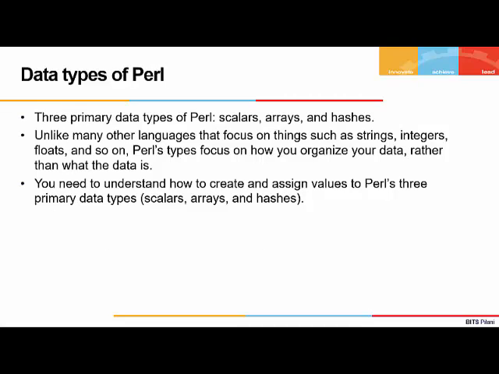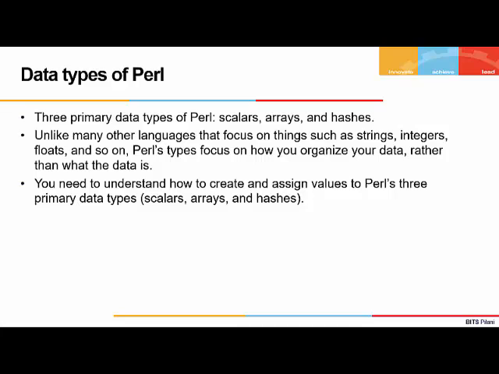These three are the primary data types for Perl: the scalars, the arrays, and the hashes. Now we are discussing the scalar data type, and in further sessions we'll discuss arrays and the hashes. Unlike other languages, which focus on things like strings, integers, and floats, Perl focuses on how you organize your data.